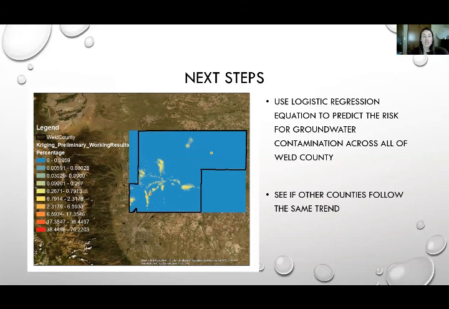And so once I had that map with continuous data for depth to groundwater across all of Weld County, I could use the equation I generated for my logistic regression and then predict areas that have high risk for groundwater contamination. And what you can see is that the areas in red, you can't see it very well on the screen, but there's a few clusters of them.